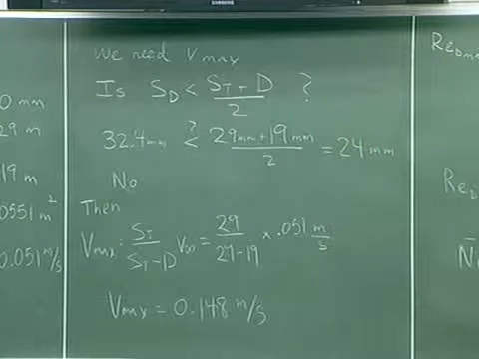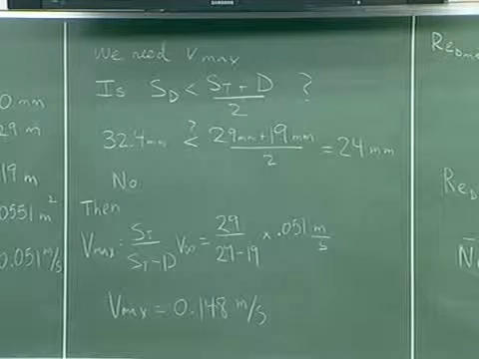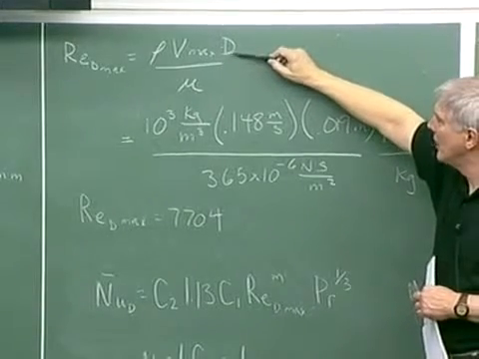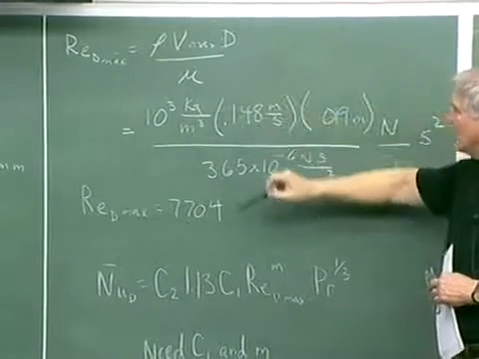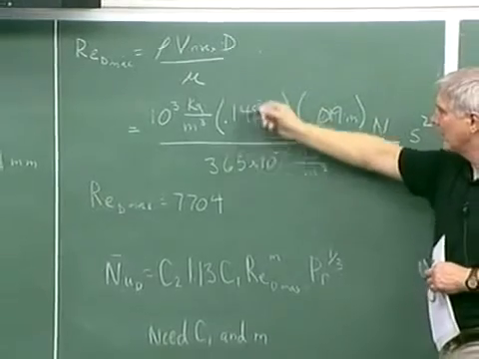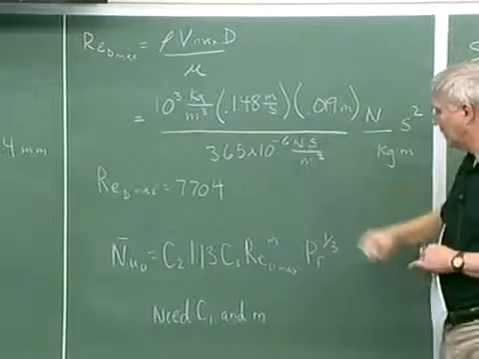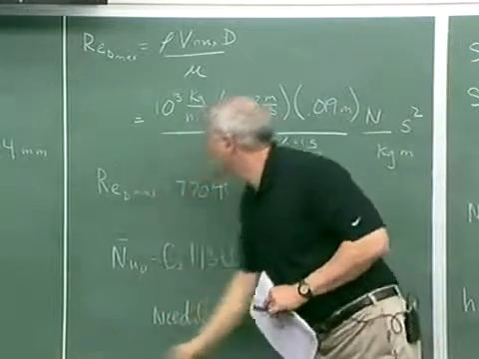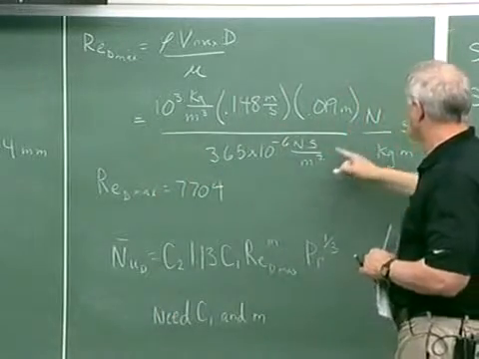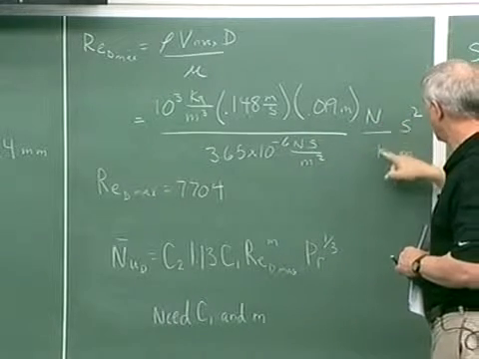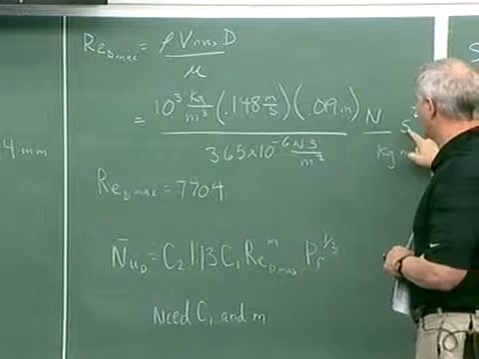All right, so now we can calculate the Reynolds number based on that maximum velocity. So the Reynolds number on this board is equal to rho Vmax D over mu. So we look up our properties for the viscosity. We plug in our numbers, and we want to make this cancel out. We have a Newton here, so we have to put in a unit fraction here. A Newton is equal to kilogram meter per second squared.